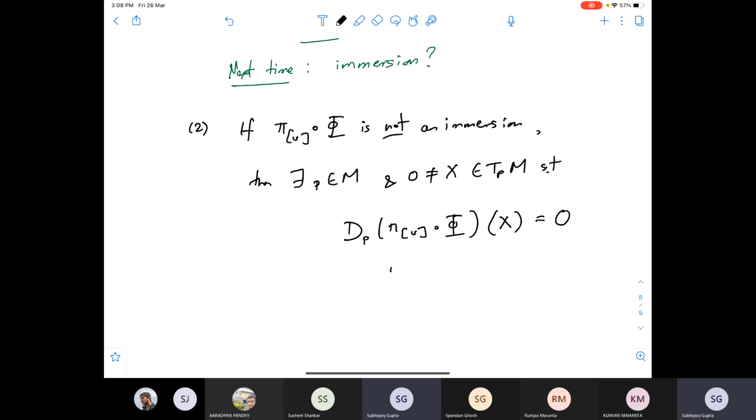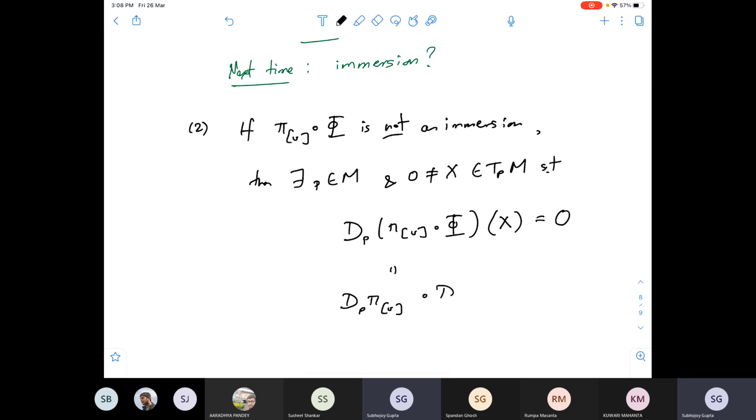Now, by just the chain rule, the derivative of this composition is the composition of the corresponding derivatives.